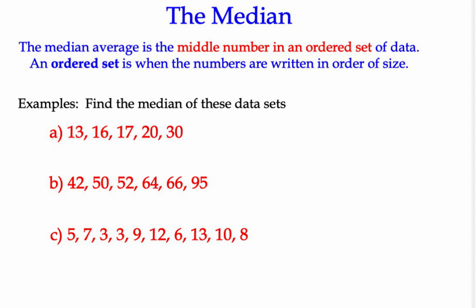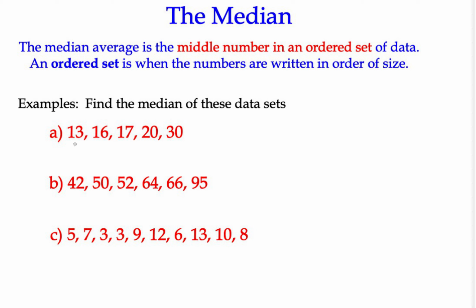Now, it can only be the middle if there's an order to it. Otherwise, it's just going to be random. So the order has to be an order of size, usually from smallest to largest, or it could be largest to smallest. You'll get the same answer. So let's have a look at these examples here. The first list has 5 numbers. What's the median? Well, they're all written in numerical order.